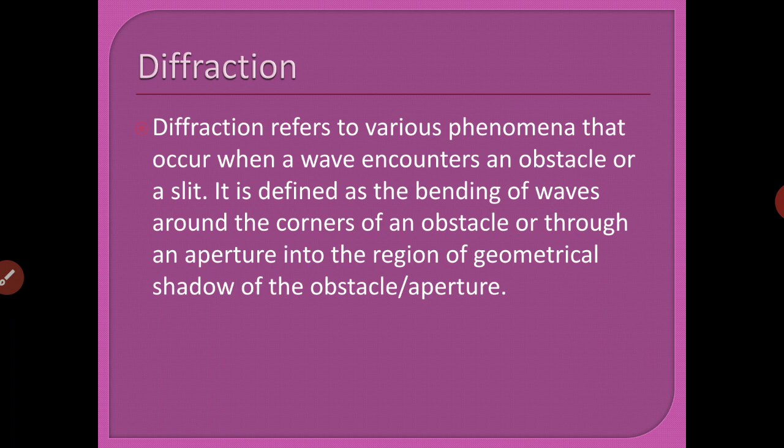Means if there is a slit or some small obstruction in the path, the wave will bend when it passes through that obstacle. So the pattern that is formed will be diffraction. The bending of waves around the corners of an obstacle is diffraction, and it occurs when some obstacle or a small distance comes in front of the wave.